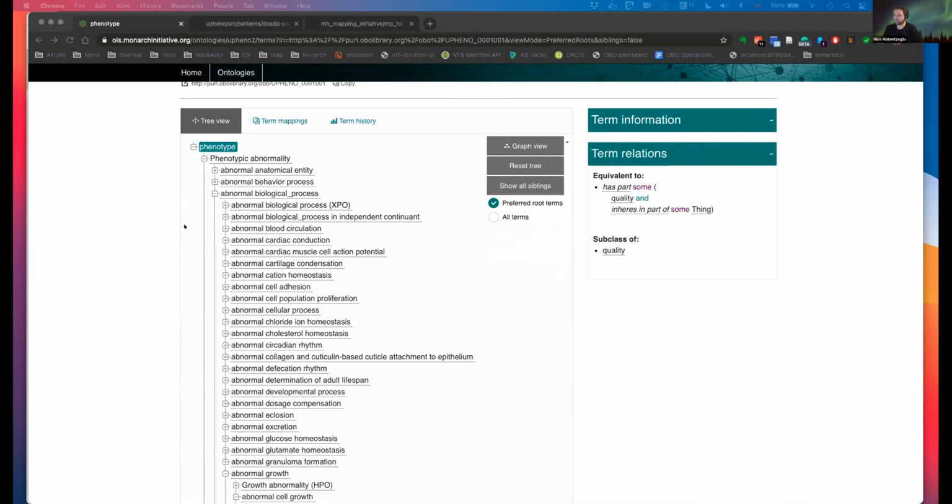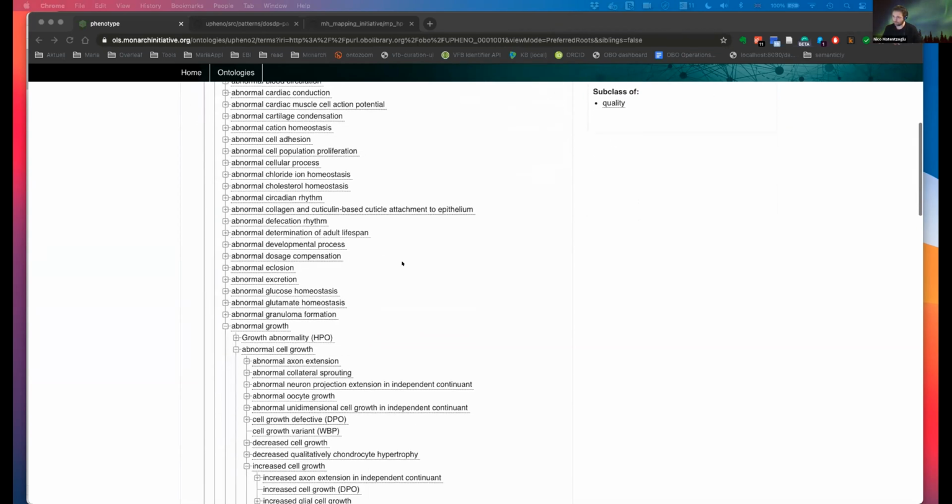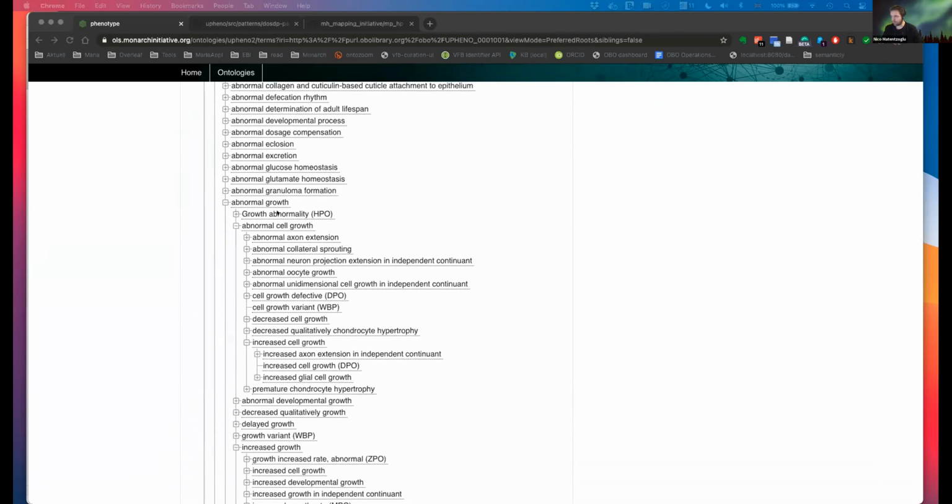So if you were to browse it down, you would see up top a bunch of species-agnostic phenotypic abnormalities, and then as you browse further down the tree, you would see some phenotypic abnormalities that pop up that actually come from species-specific ontologies. Like here, this is an example from Xenopus, or if you go further down, abnormal growth, you see from the human phenotype ontology, growth abnormality, and you go further down, abnormal cell growth.